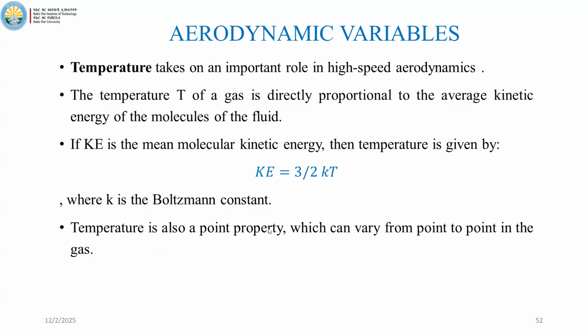It is also a quantity that varies with altitude, because for every 1 kilometer of altitude, there is a reduction in temperature of 6.5 Kelvin, or 6.5 degrees centigrade. That is what we call the lapse rate of temperature within the lower atmosphere, actually within the troposphere.